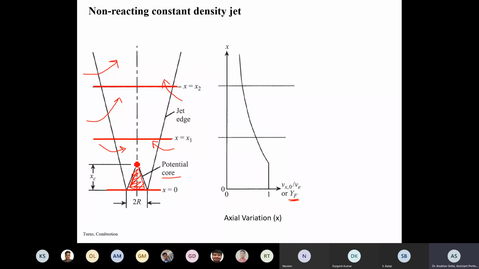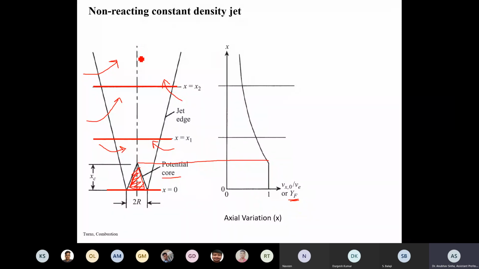Up to some distance, let us say up to the potential core, fuel mass fraction is 1. What does a mass fraction of 1 mean? Only fuel. Mass fraction 1 means that no other component is there. This jet only contains fuel. I am talking about the center line.